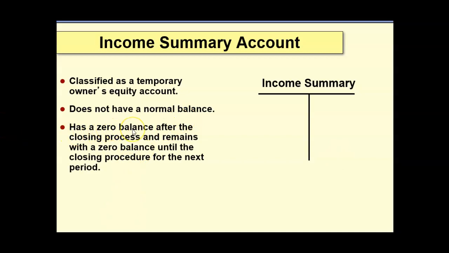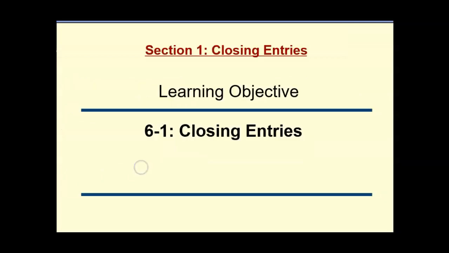This account has to be closed out, given a zero balance, at the end of the accounting period in order to prepare for the upcoming accounting period. So we're going to see how the income summary account is used during what's called the closing entry process. So you ready? Let's go.